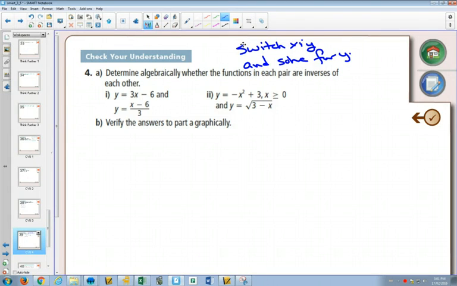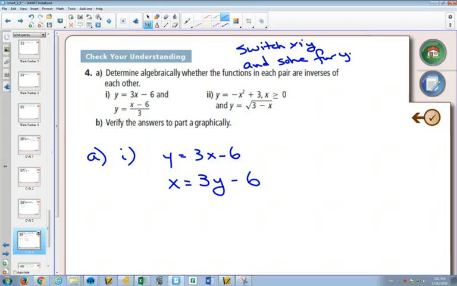So in our first one, part A, I start with y equals 3x minus 6. If I want to find the equation of the inverse of this, I'll switch the x and the y. And then I'm going to solve for y.